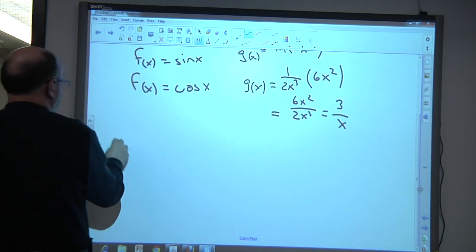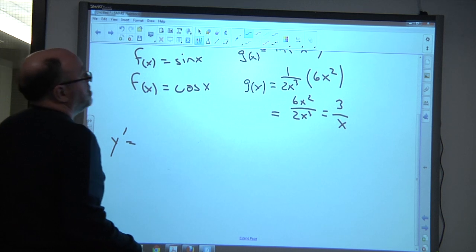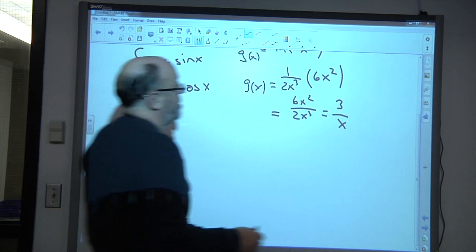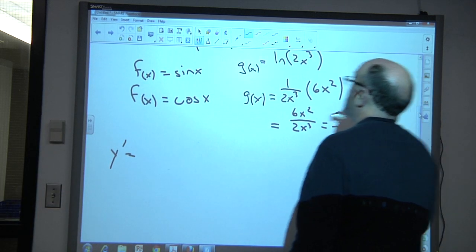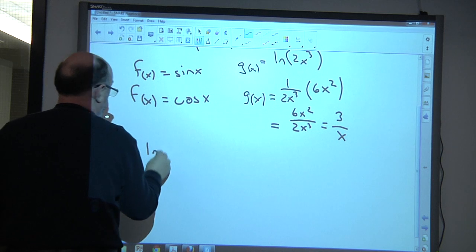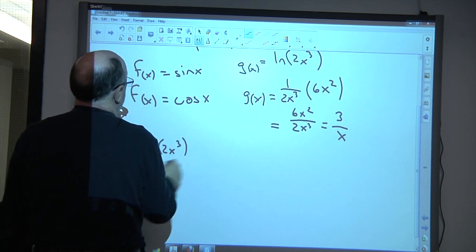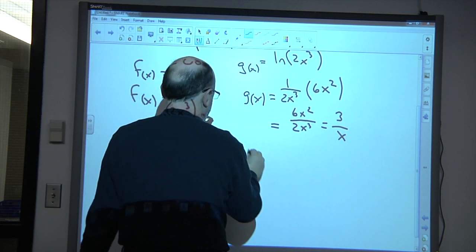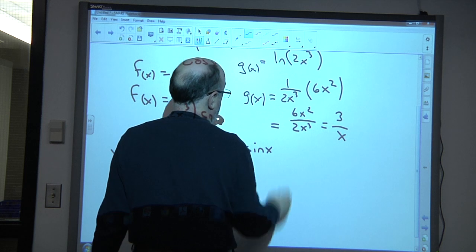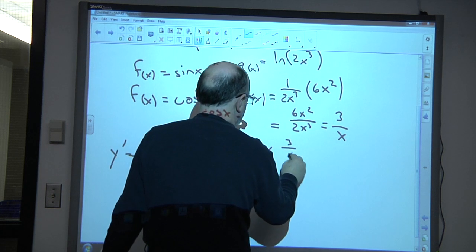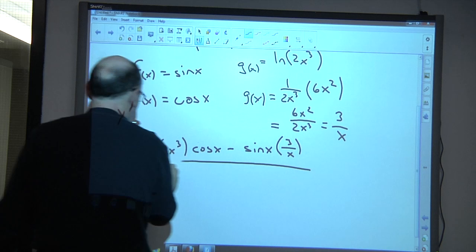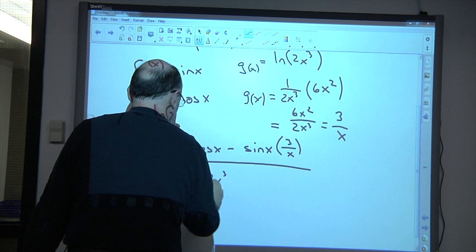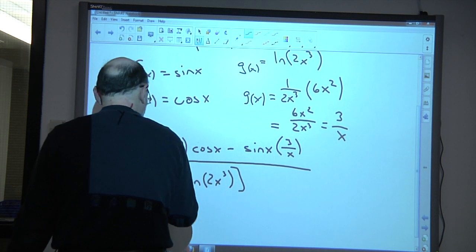And so y prime is going to be the top term, which is natural log 2x cubed, times the derivative, which is cosine x, minus sine x, times 3 over x, over the bottom term, squared.